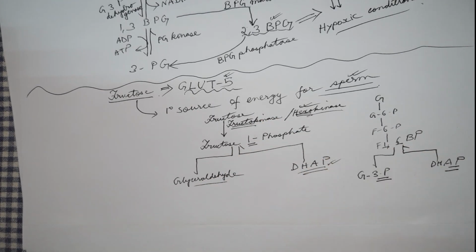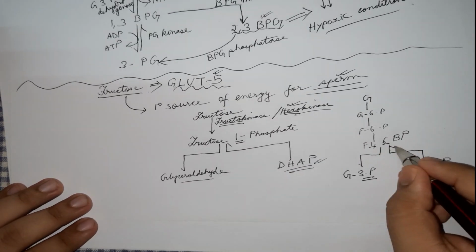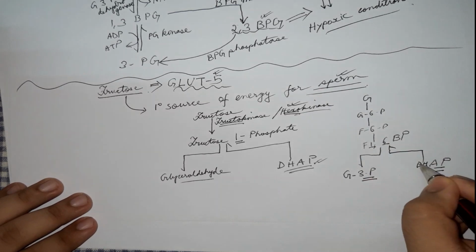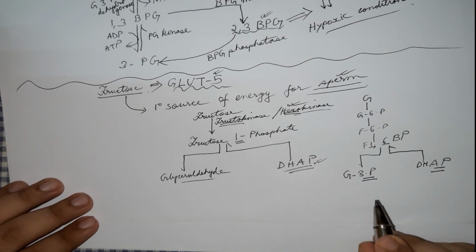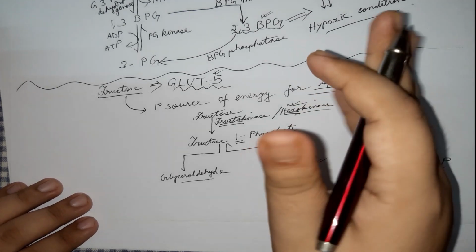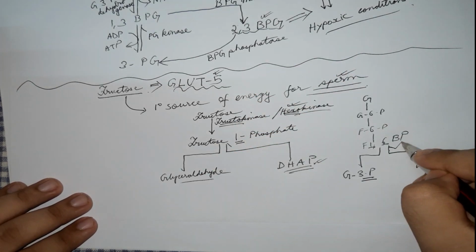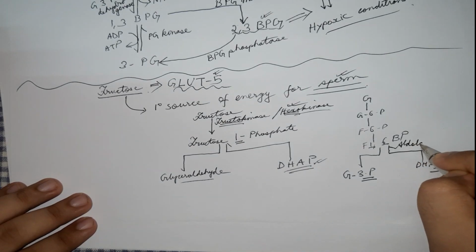Okay. By the way, another very similar thing is, what was the enzyme which actually catalyzed this splitting up? Fructose 1,6-bisphosphate to glyceraldehyde 3-phosphate and dihydroxyacetone phosphate. What was the name of the enzyme? Yes, very good. Aldolase.